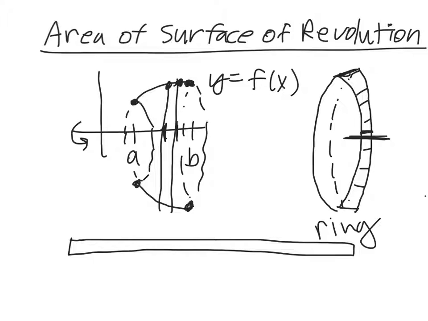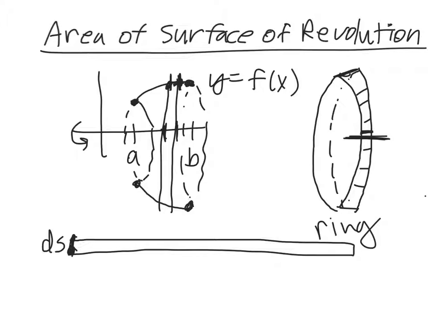The arc length, this little width, can actually be represented by ds. That's that tiny little arc length from one side of the slice to the other. And that's the formula we're using for the length of the curve in the first part of this worksheet. So that's going to be the ds.